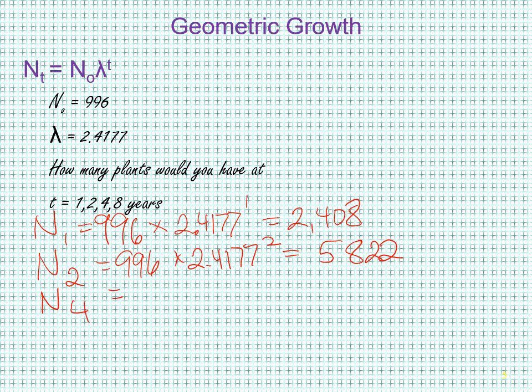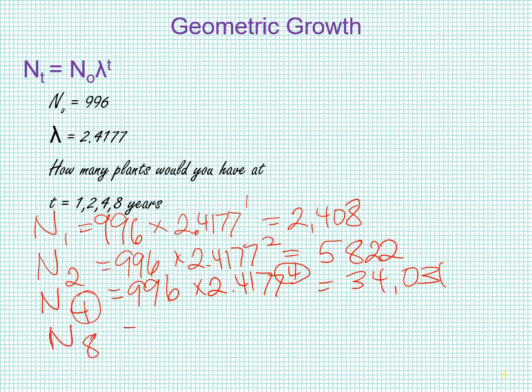And what about 4 years? Same thing. We have the 996 we started with times the geometric growth rate, but this time to the power of 4 because we've got four time steps. And you do that in your calculator, you're going to get 34,031 plants. Well, let's say we have it going for 8 years.